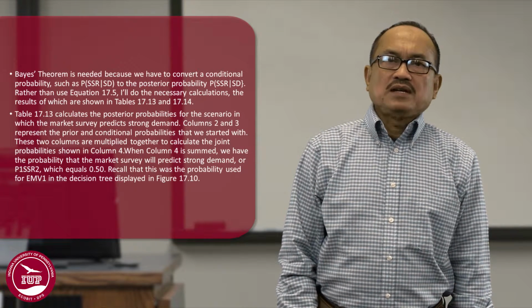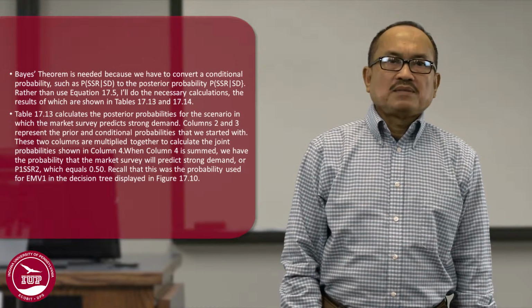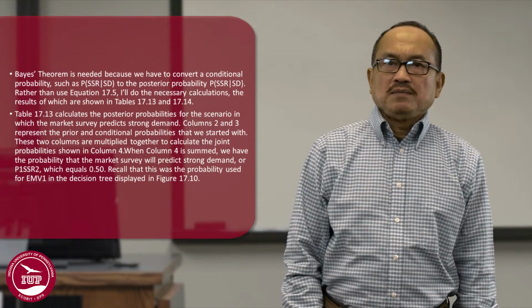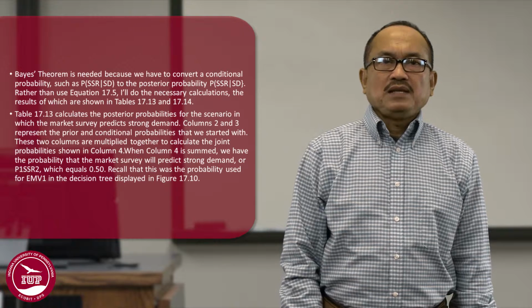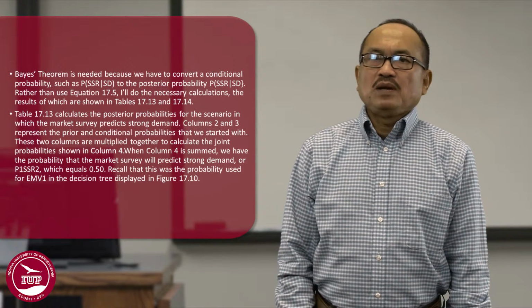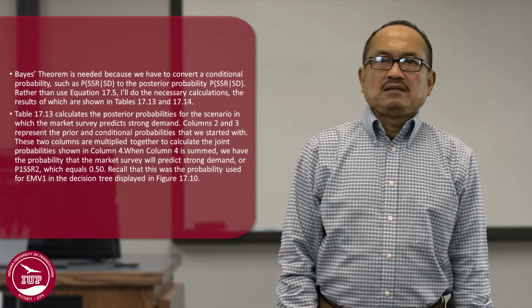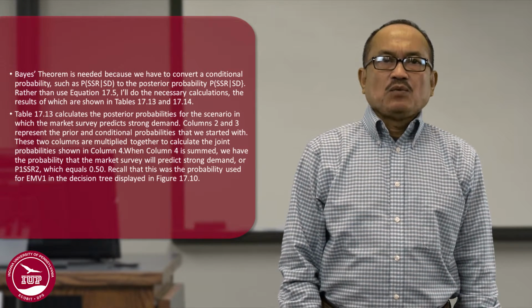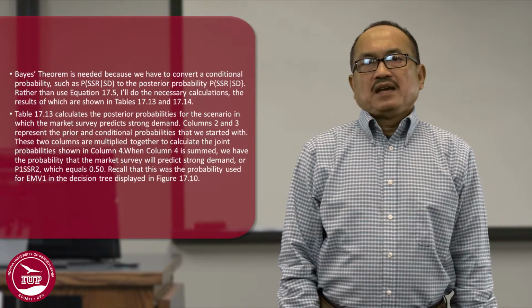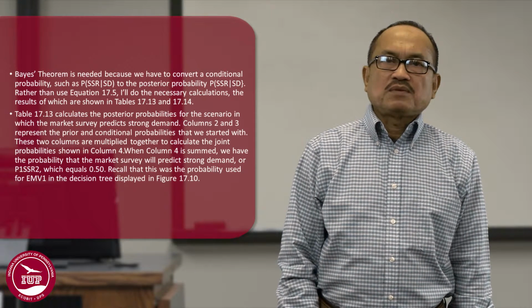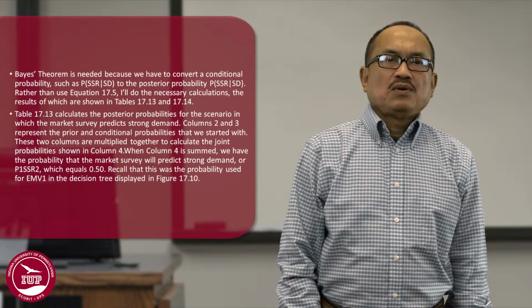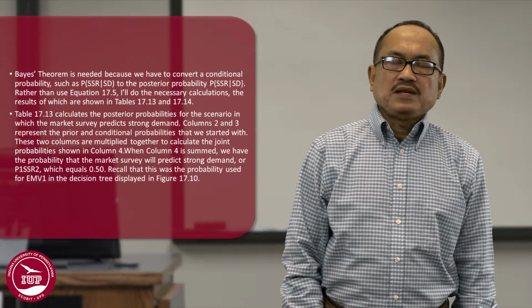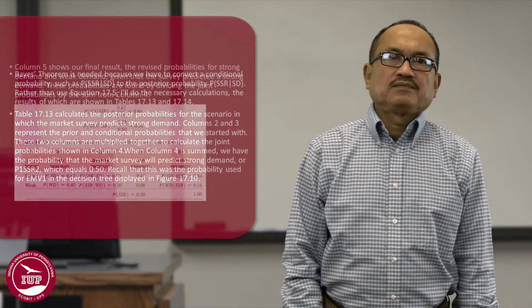When column 4 is summed, we have the probability that the market survey will predict strong demand, or P(SSR), which is equal to 0.5. Recall that this was the probability used for EMV1 in the decision tree displayed in figure 17.10.